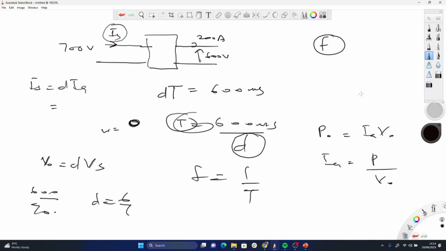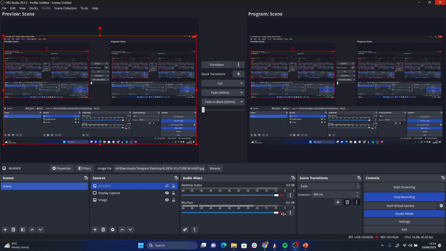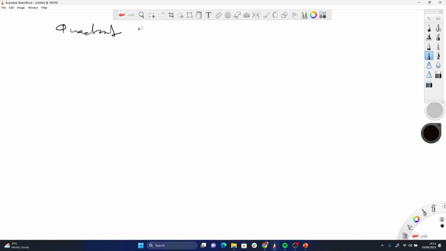When it's running in quadrant one, it follows the same characteristics as what we've learned already. Now let's learn how it behaves in quadrant two. In quadrant two, you want to reverse the current. This is how the circuit looks.